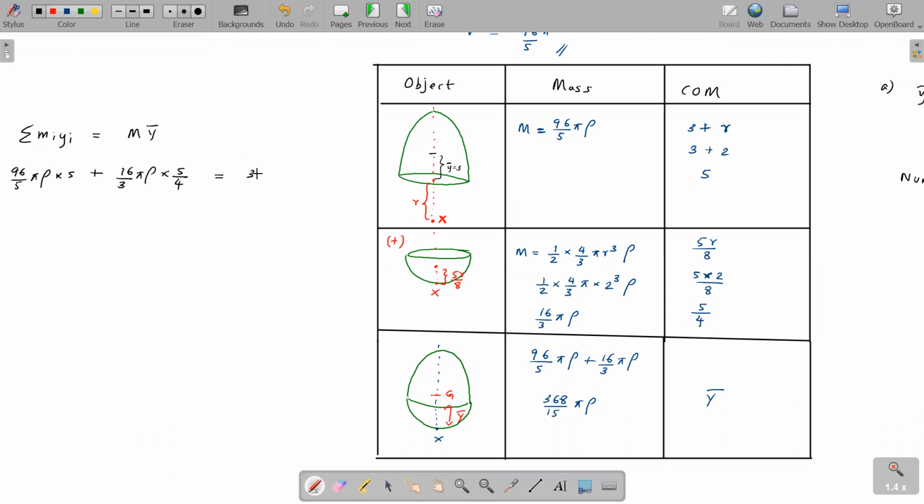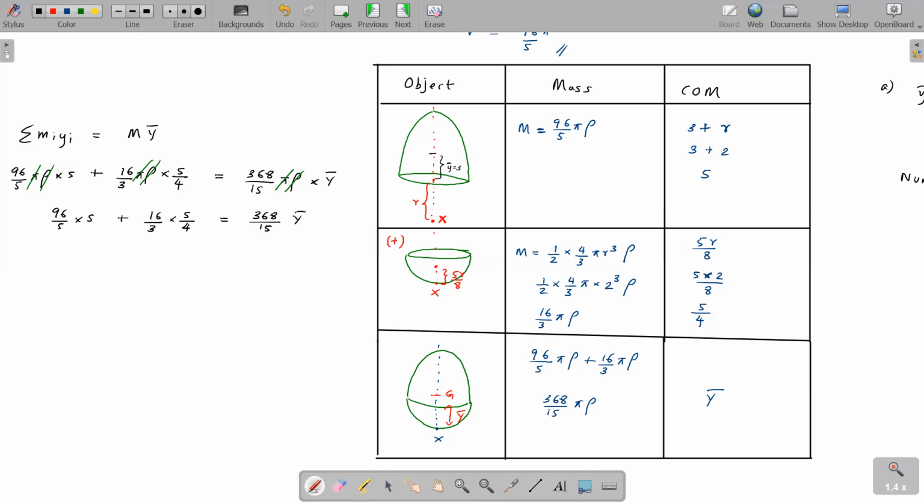Equals total mass, 368 over 15 pi rho, into y bar. So pi rho is common to everyone. Remove that. So you are remaining with 96 over 5 into 5, plus 16 over 3 into 5 over 4, equals 368 over 15 into y bar.